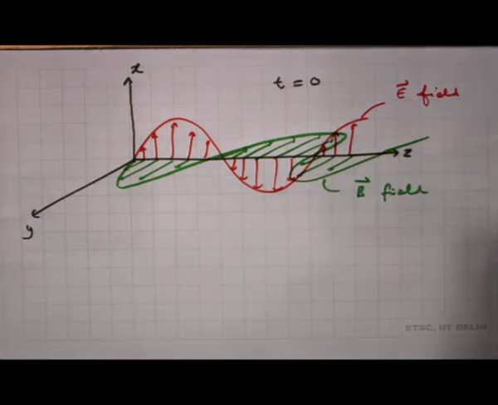Now, one has to be a little careful in trying to figure out this figure, because it is a very abstract figure in the following sense. Please note that these arrows only represent the magnitude and direction of the electric and magnetic fields at every point on the axis of this wave.